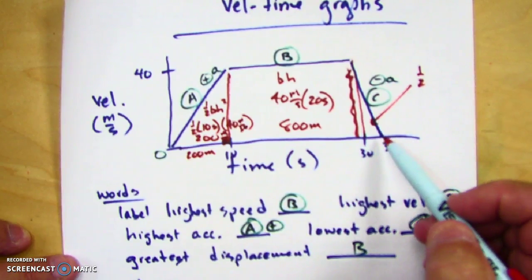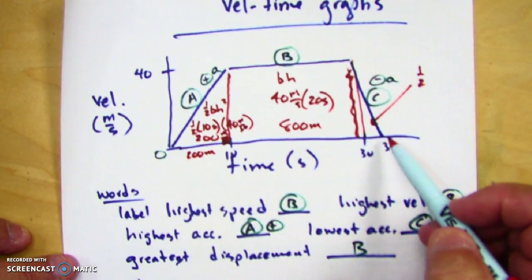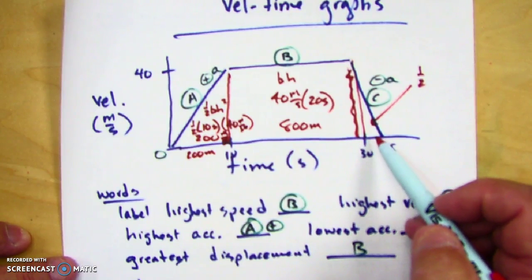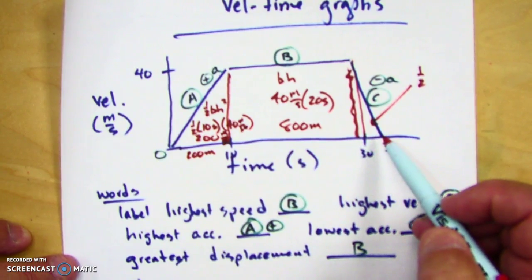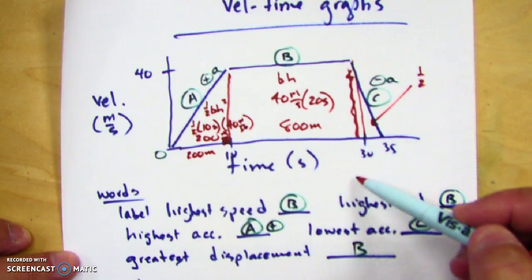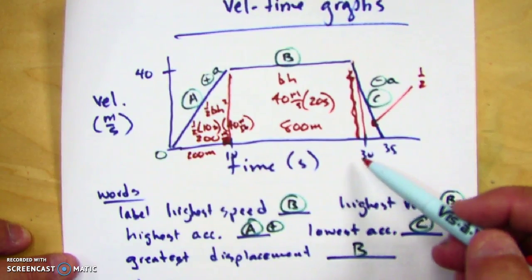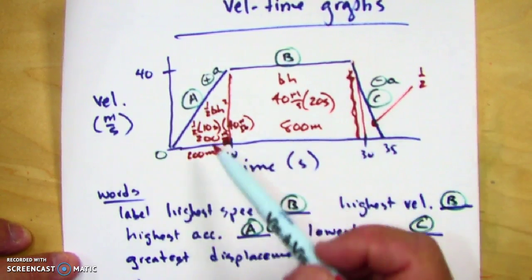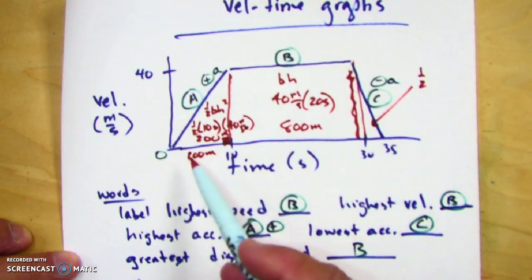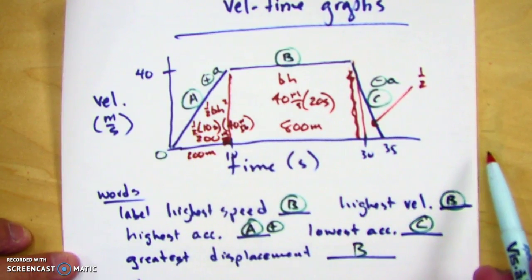It doesn't matter that it's negative. This would have a negative slope, so it has a negative acceleration, but the displacement is still in a positive direction. The only way I would get a displacement in a negative direction on this graph is if it's under the 0 axis. So in all this displacement, you're speeding up, you're maintaining a constant speed, then you're slowing down, but you're always heading away from where you started.